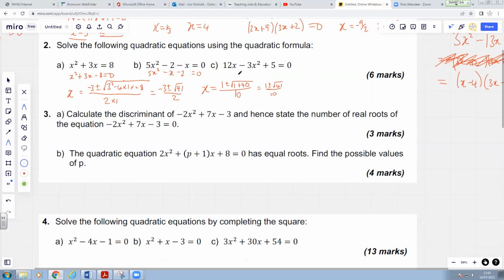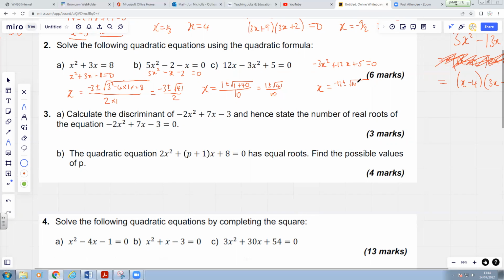And then lastly, look, they've tried to trip us up by writing it in a different order. We've got minus 3x squared plus 12x plus 5 equals 0. And so x equals minus b, which is, sorry, I've just realized that over here, it's 2. Oh, yeah, no, that's fine. That's cool. So minus b, which is minus 12, plus or minus the root of b squared, 144.